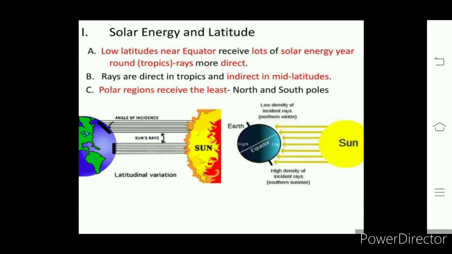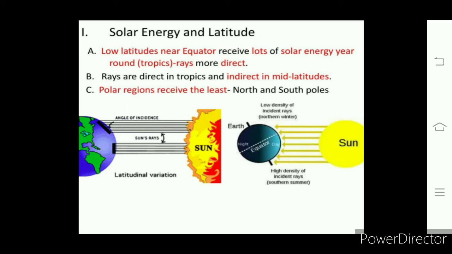Solar energy and latitudes. There is a difference in solar energy received at different places depending on the latitudes.